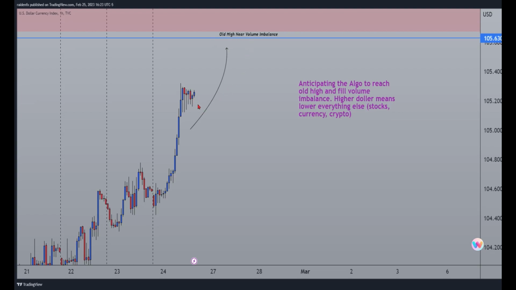We might see price of the dollar index come back and then rally up forward into this old high volume imbalance, and basically just setting up the stage for currencies, because that's going to make currencies bearish. So that is why I'm starting my analysis on the dollar index for a higher time frame confluence.